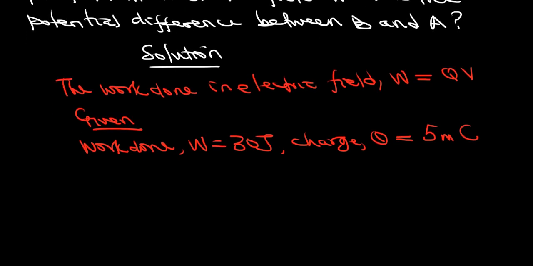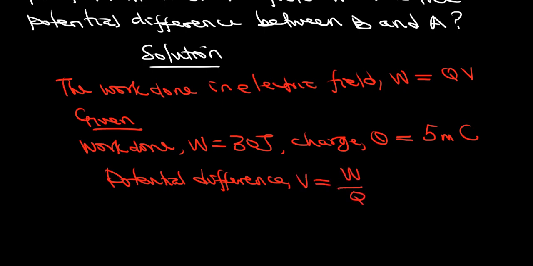Then we are asked to calculate the potential difference, which is V, equal to W over Q. W is 30 joules divided by 5 millicoulombs, which is 5 times 10 raised to the power minus 3 coulombs.